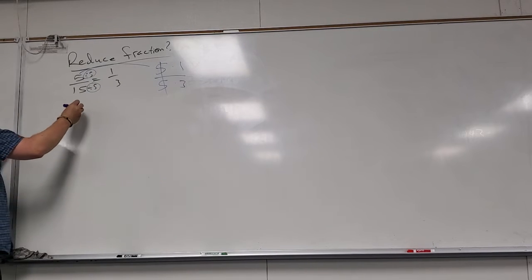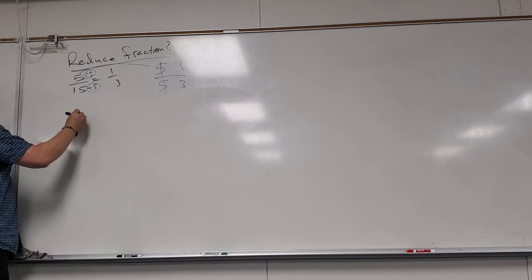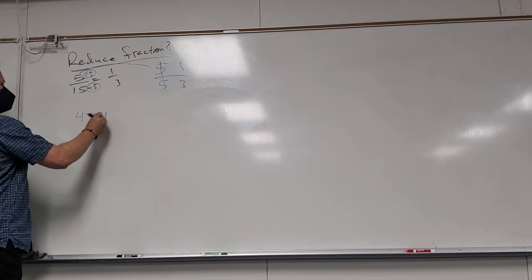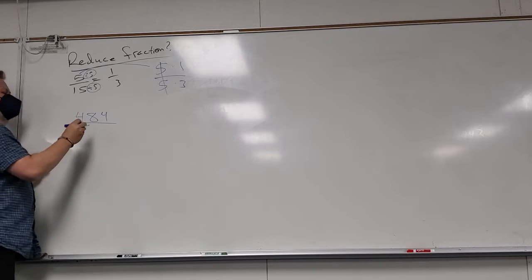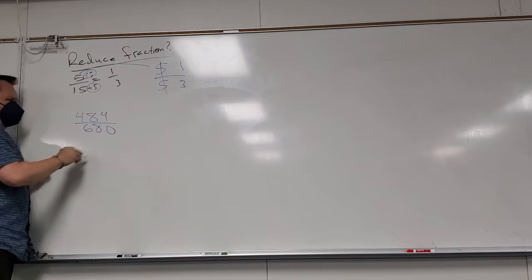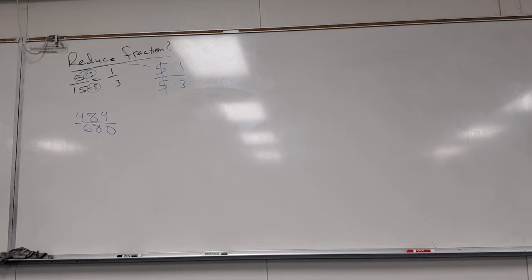So what if I had something like 484 over, what do you got, Jeff? 680. How would you reduce that? Probably like 2.